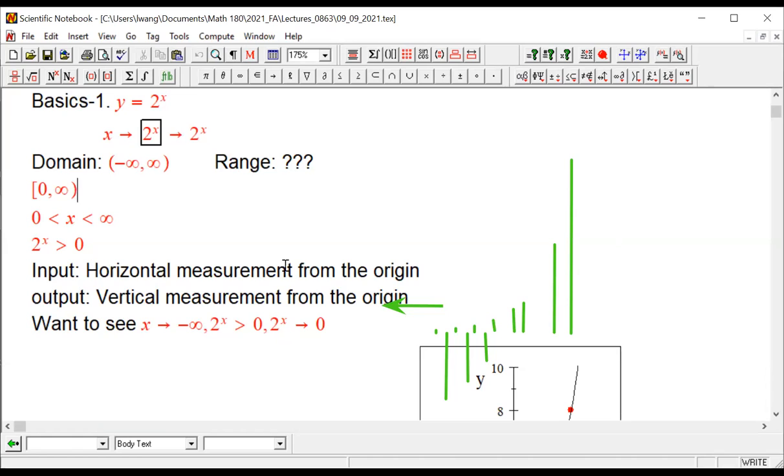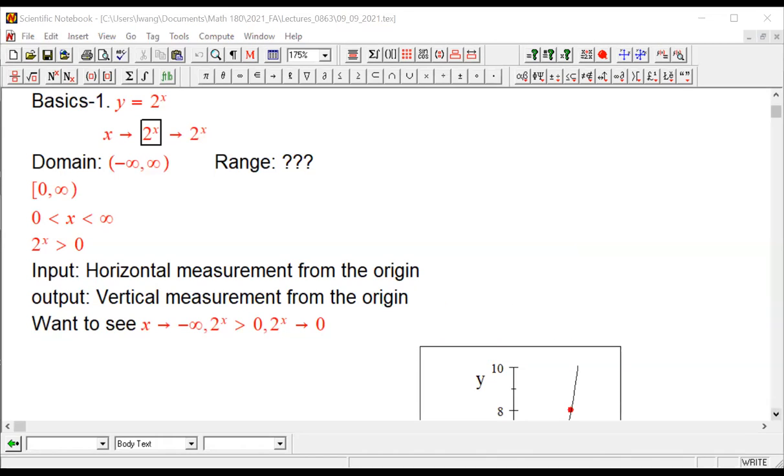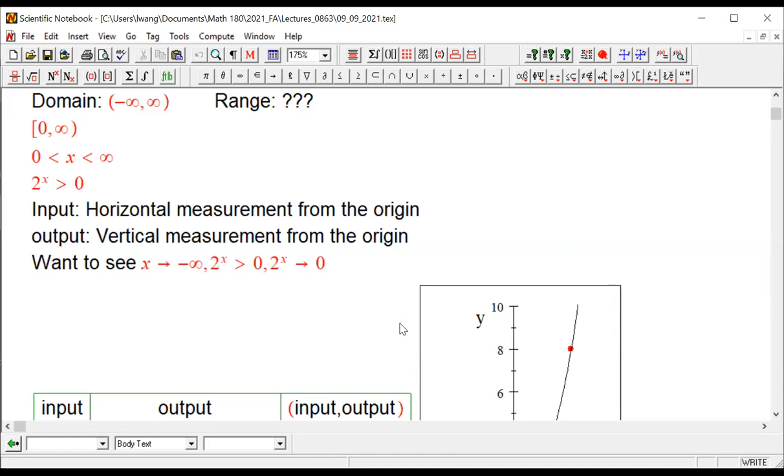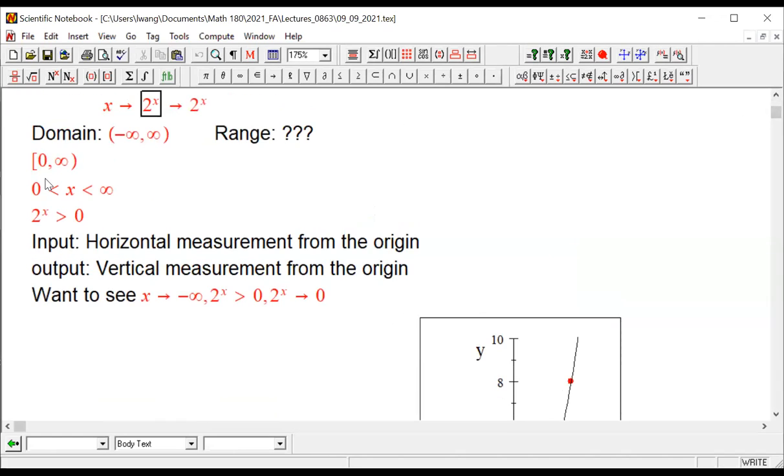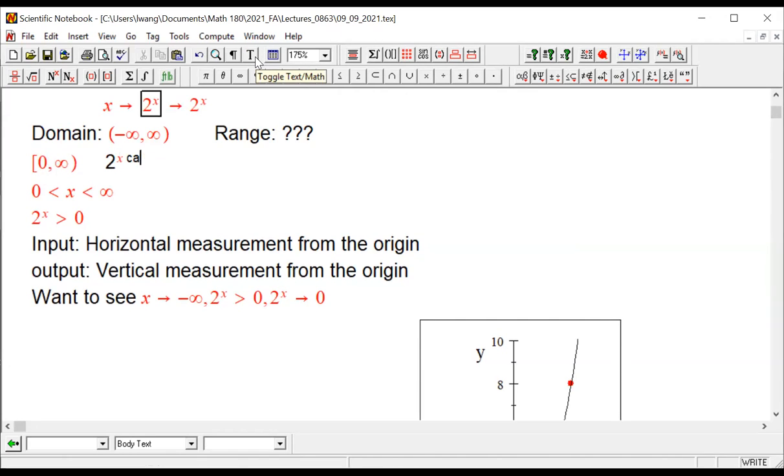Now the question is, this is what you're telling the reader: 2 to the power x can be 0, and a positive.